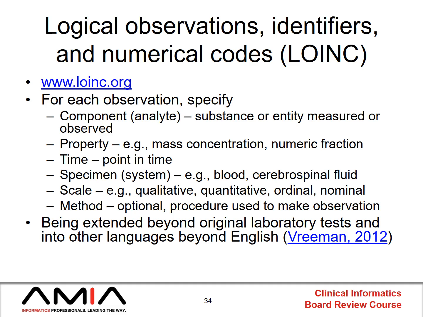LOINC consists of observations. Each observation has a component or analyte, so that's the substance or entity that's measured or observed. And each analyte has a property, such as its mass concentration or numeric fraction, a time, a specimen, where it comes from, a scale in terms of how it's measured, and a method for making that observation.